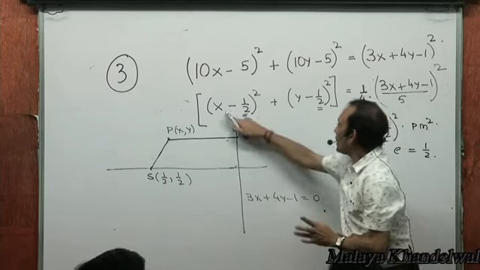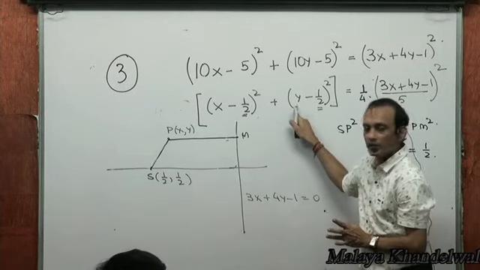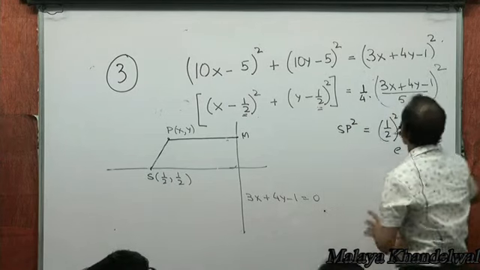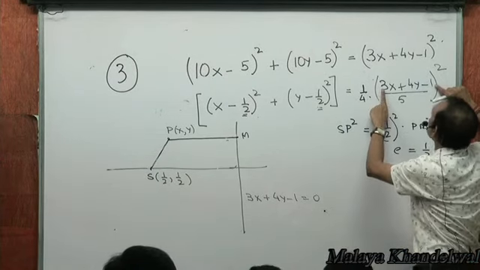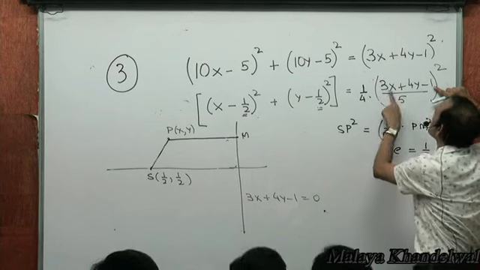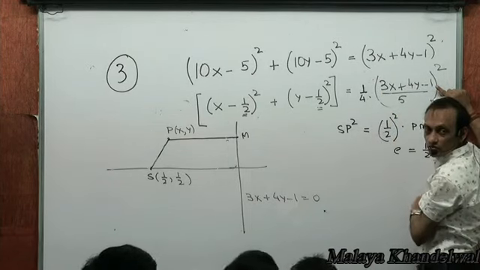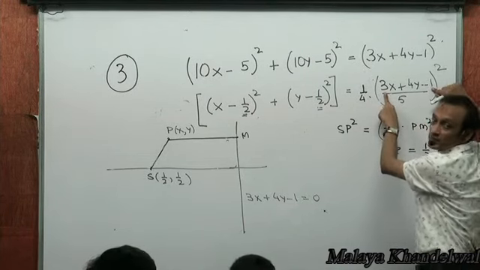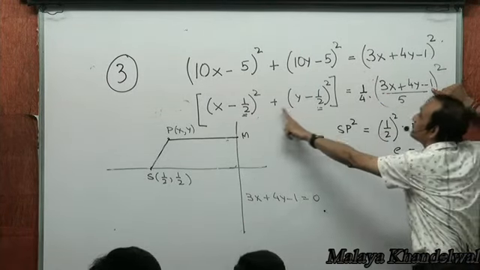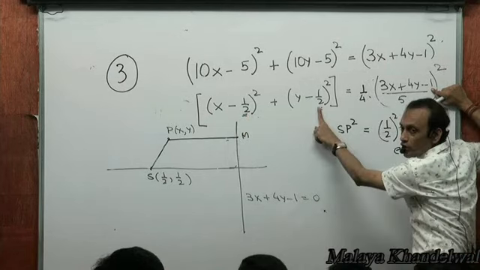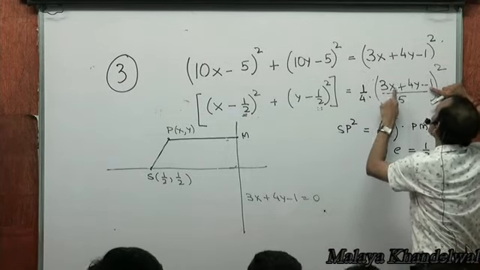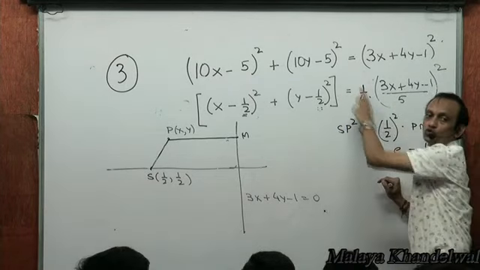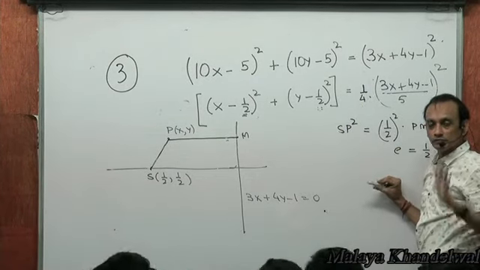This is a moving point (x, y). The square of the distance from (half, half), this is SP squared, is 1/4 into the square of the distance of (x, y) from the line 3x plus 4y minus 1 equal to 0. So it's like SP squared is e squared into PM squared. On comparison, this must be an ellipse with focus (half, half), with directrix 3x plus 4y minus 1 equal to 0, with e squared equal to 1 by 4, so e equal to half.